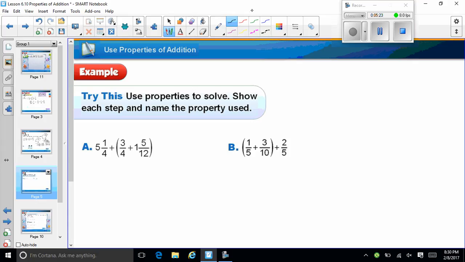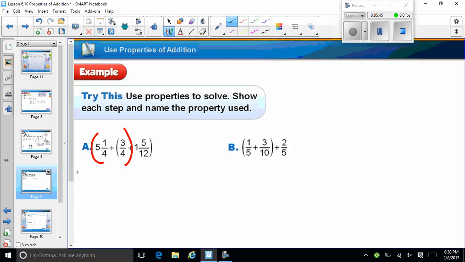Alright, so let's see how you did with the problems below. I'm looking at letter A, and I'm going to use the associative property because I'm going to keep my order, but just move my parentheses so that they are around the common denominator.